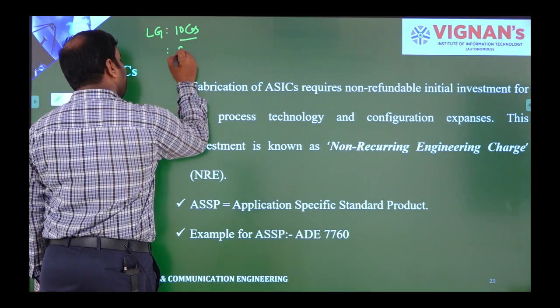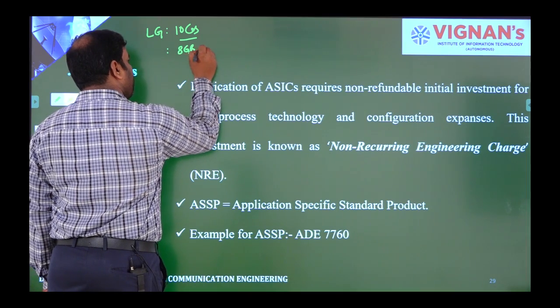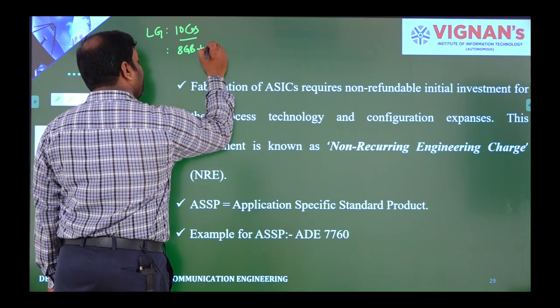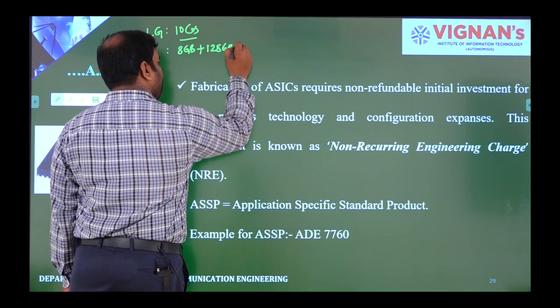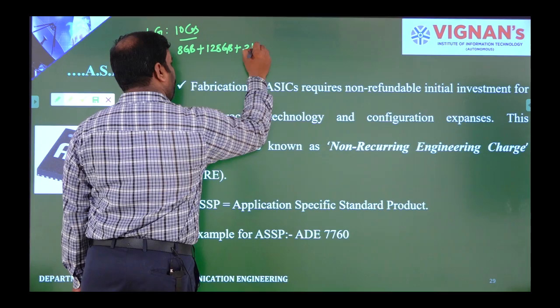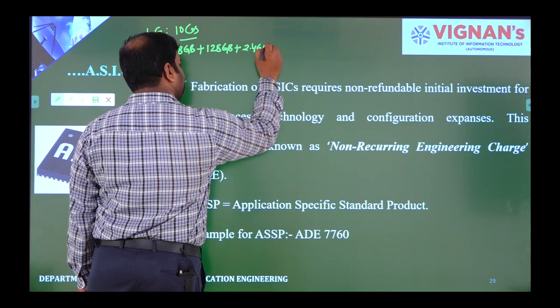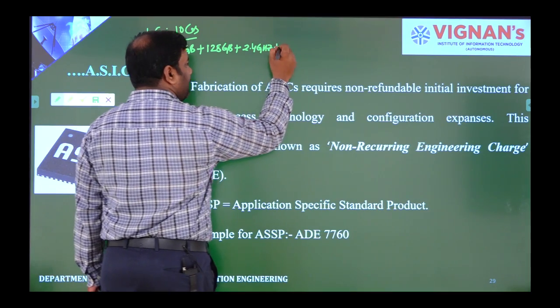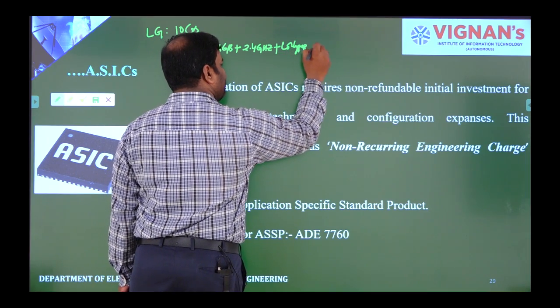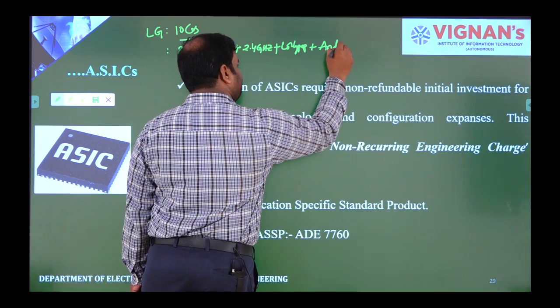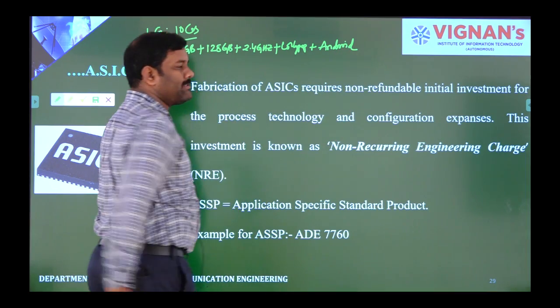So they have given an 8 GB mobile, 8 GB RAM with 128 GB hard disk, having a processor speed of 2.4 gigahertz with Lollipop. OS means nothing but Android processors.